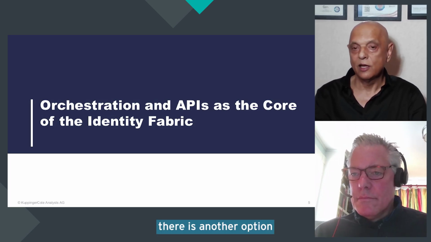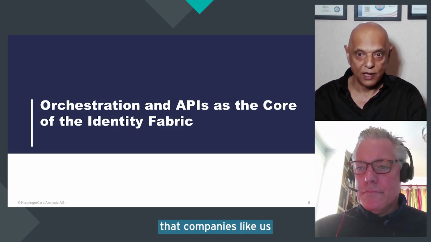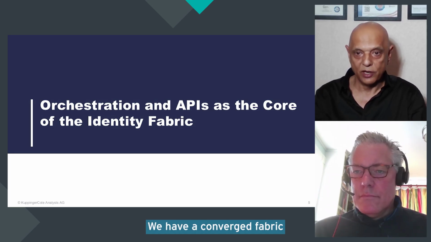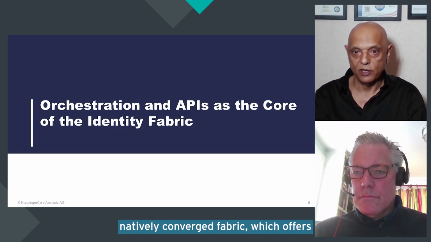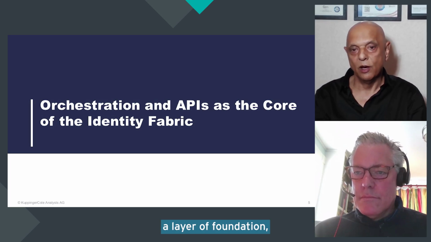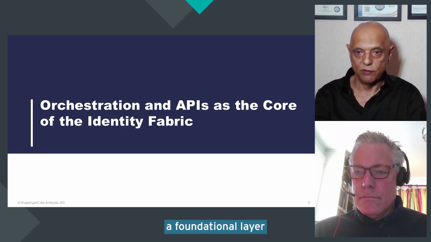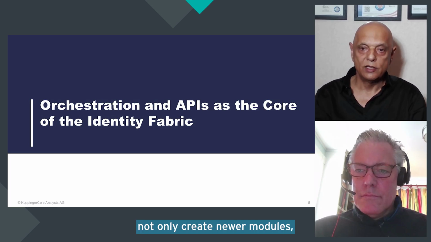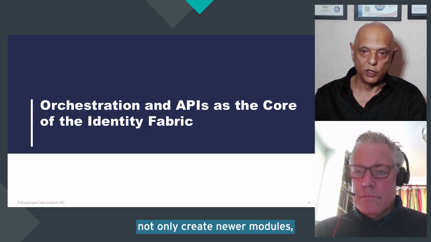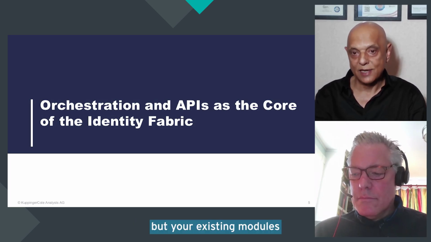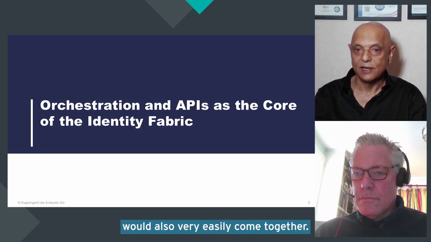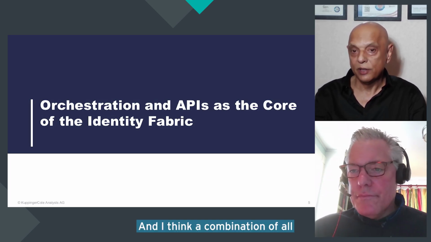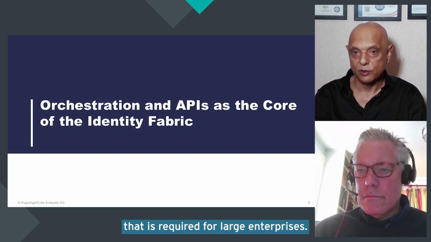There is another option that companies like us are beginning to provide. We have a natively converged fabric, which offers a foundational layer on which you can not only create newer modules, but your existing modules would also very easily come together. And I think a combination of all that is required for large enterprises.